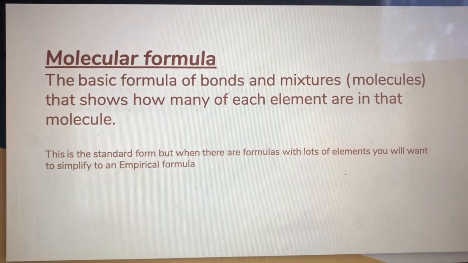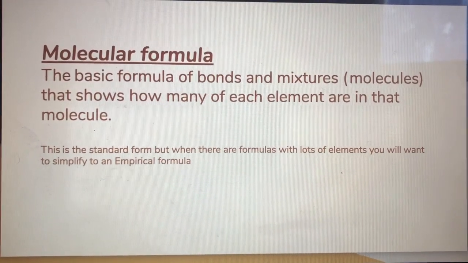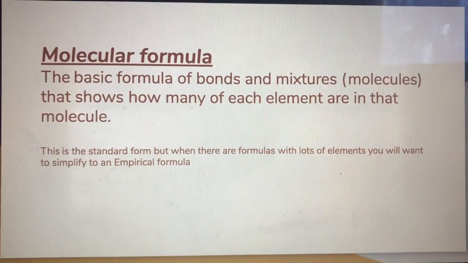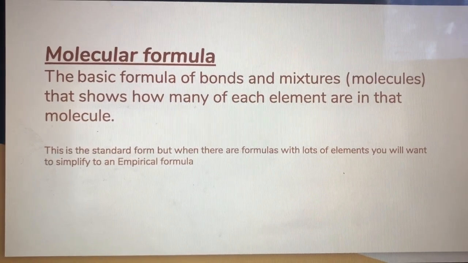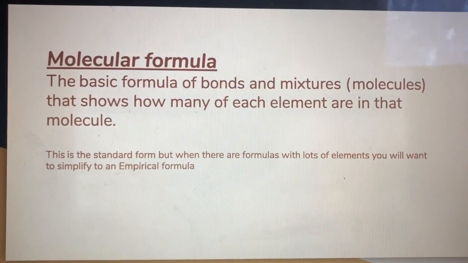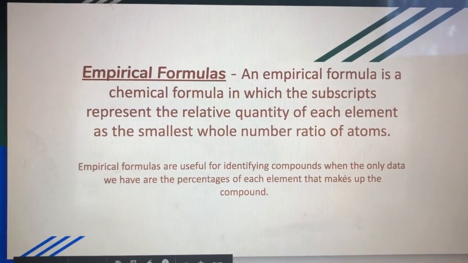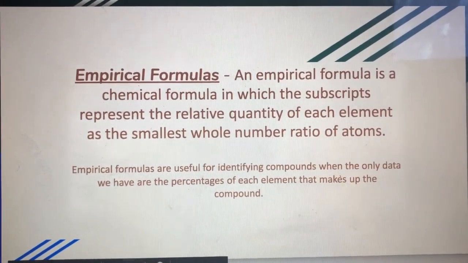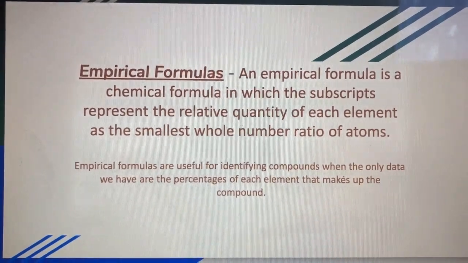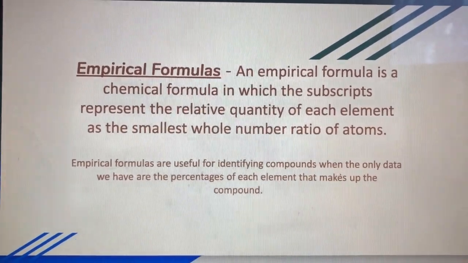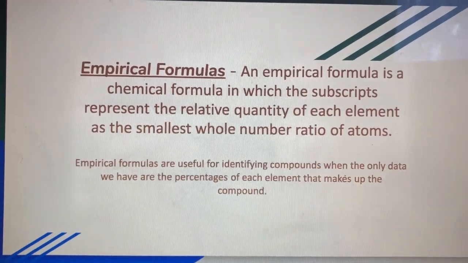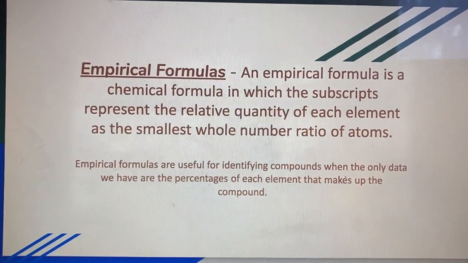So this is a standard form, but when there are formulas with lots of elements, you might want to simplify to get the empirical formula. So the empirical formula is a chemical formula in which the subscripts represent the relative quantity of each element and the smallest whole number ratio of atoms.